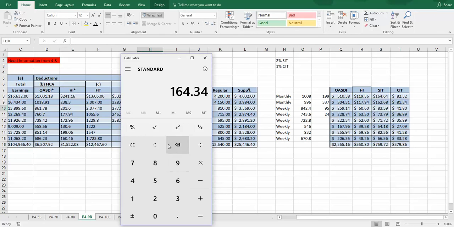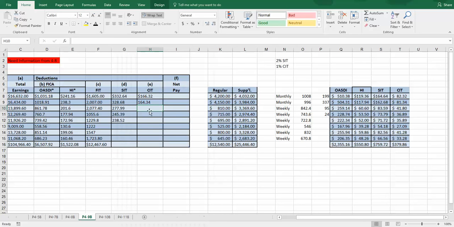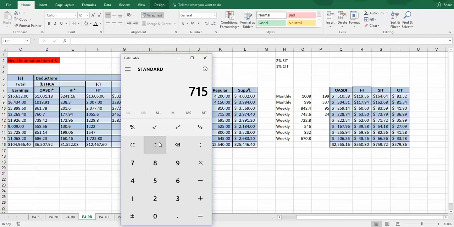And let's do the weekly employees. 810 times 1% is $8.10 times 12 plus 41.80. So that's 139. $715 times 1% times 12 plus 36.89 is 122.69.